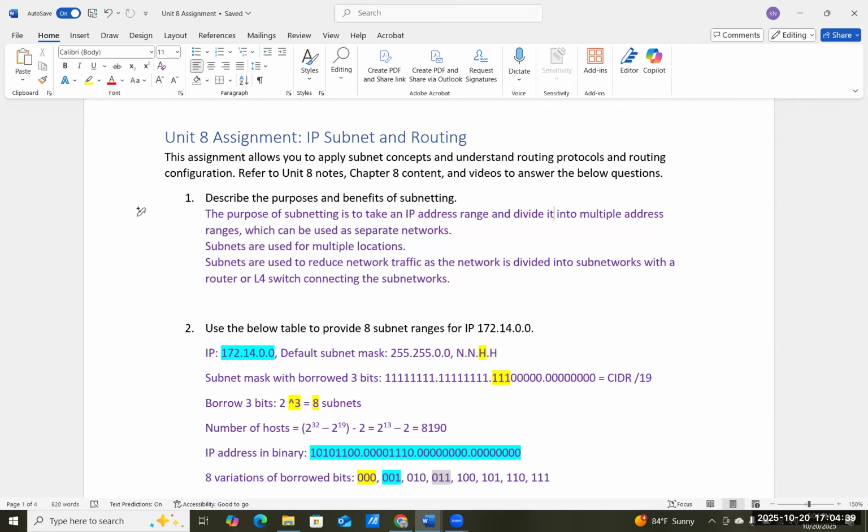And that way we can have larger networks. So within our local area network, we will have sub-networks, right? Maybe for branch offices, like what we talked about. Maybe for virtual local area networks, or VLANs, like what I have mentioned.